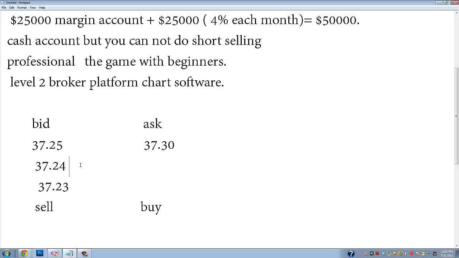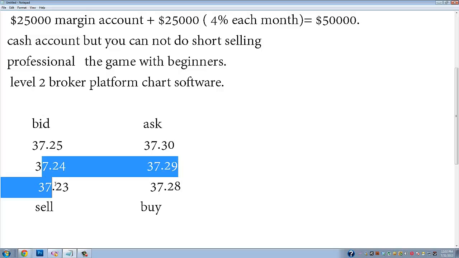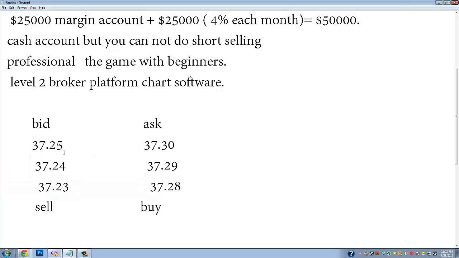It means you will have a lot, and depending on your, like 30, like here, for like 29, just an example, and here like 37.28, just an example I make. And in level 2, you see a lot of bids and a lot of asks, and you will see something very, very important.